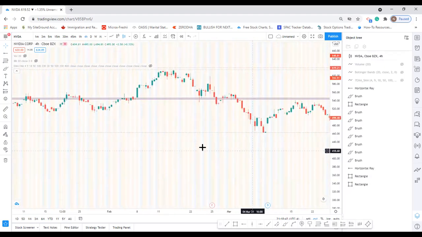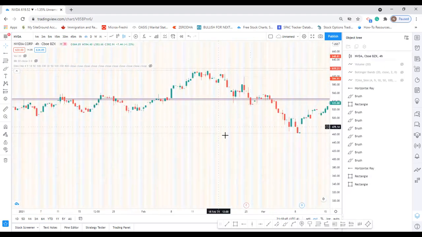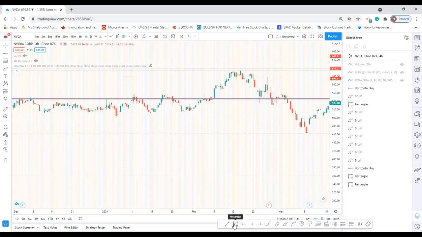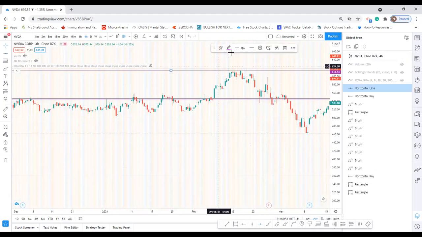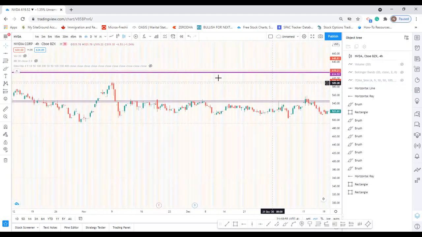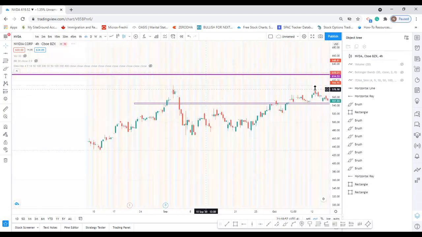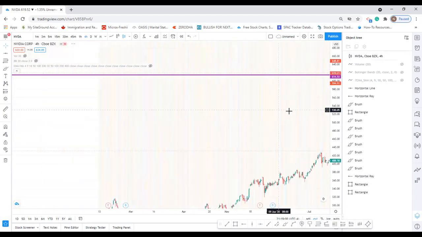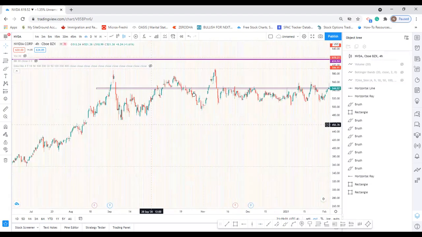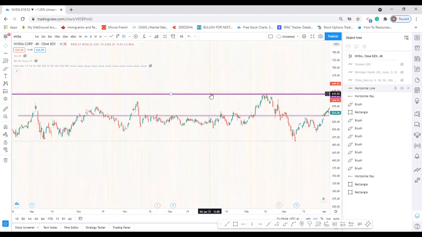So now if you see here, once the price moves up, let me put the resistance on this area here. I'm going to make it very large. This is the resistance area, right? And the price never came up to that area. This was the high zone, this is the new zone.